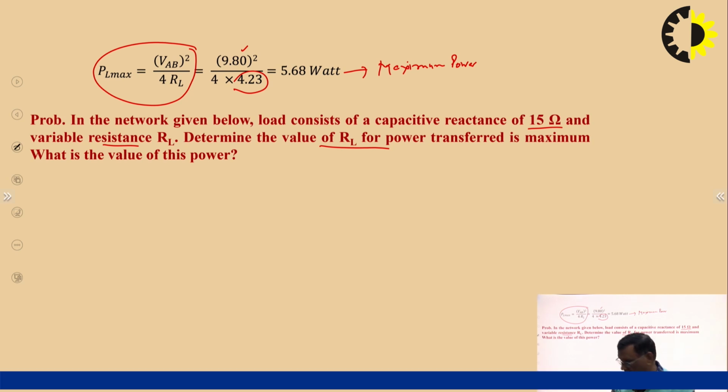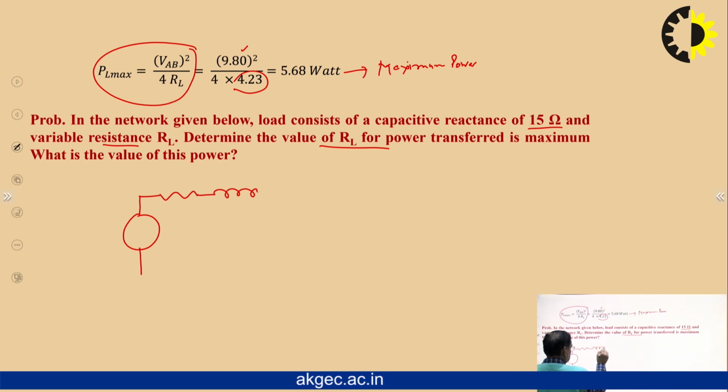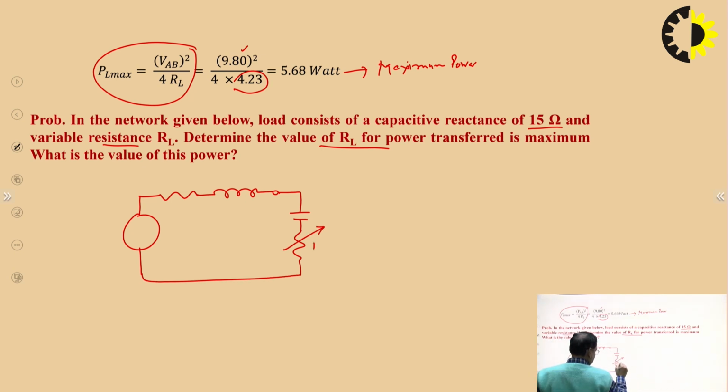The circuit is like this: RL is variable, this is minus J15 ohm, this is 10 ohm, J10 ohm, and this energy source is 100 angle 0 degree volt.